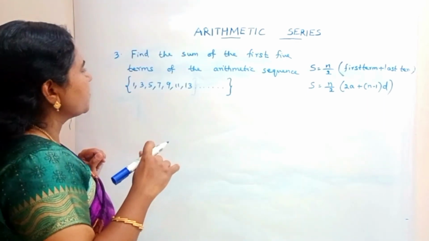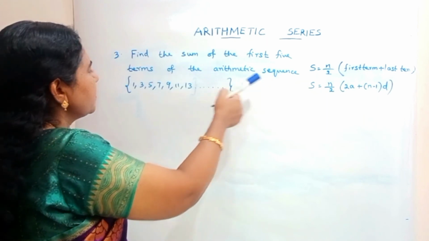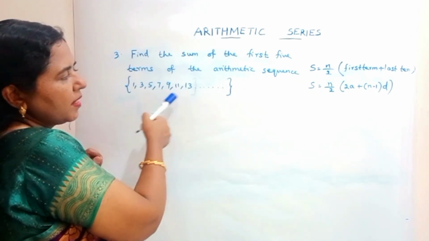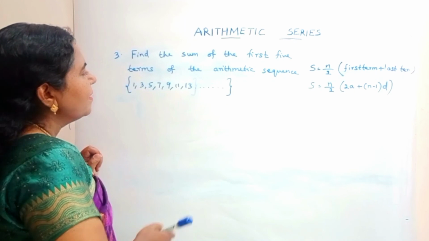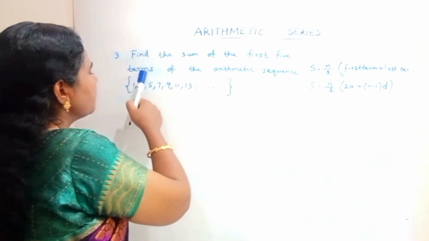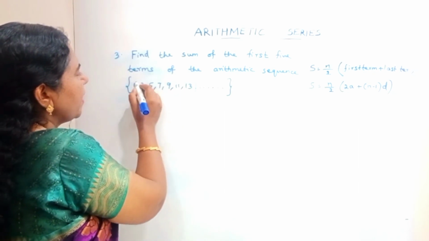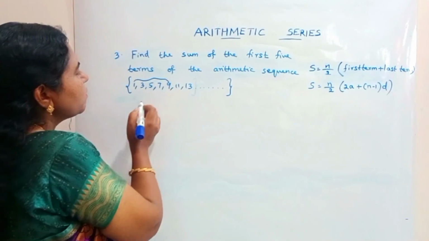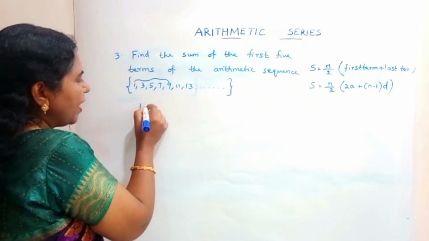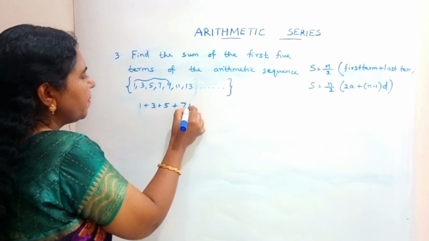Now the next question is: find the sum of the first 5 terms of the arithmetic sequence 1, 3, 5, 7, 9, etc. Okay, so we have to find the sum of the first 5 terms. The first 5 terms are 1, 3, 5, 7 and 9. So we have to find the value of 1 plus 3 plus 5 plus 7 plus 9.